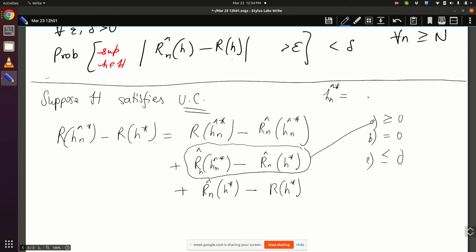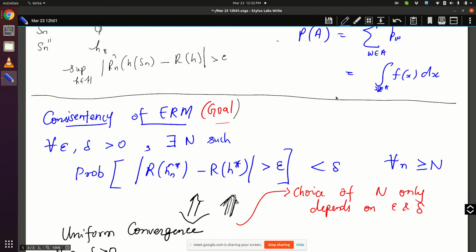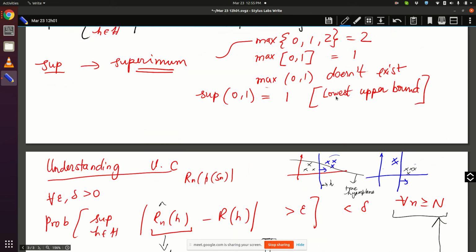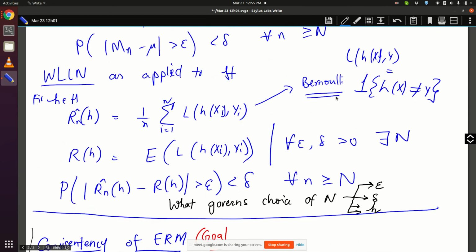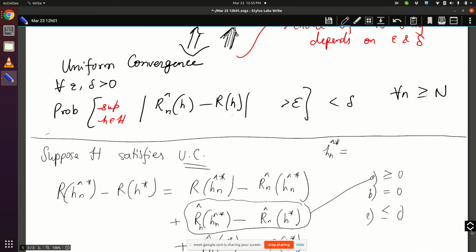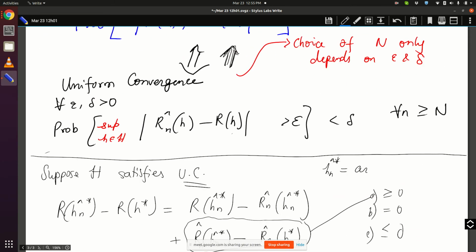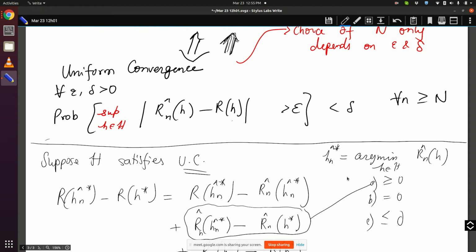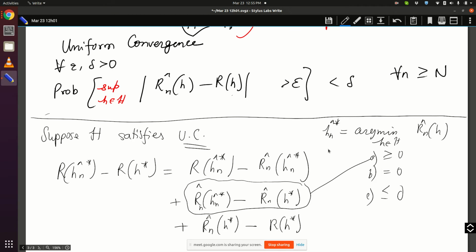What is the definition? How did we choose Hn hat star? If you remember, we wrote it some time back. We chose it by minimizing the empirical risk. So what was that? Argmin over H belonging to H of Rn hat of H. Do you agree? This is what Hn hat star was. So if this is the case, do you want to revisit your answer?